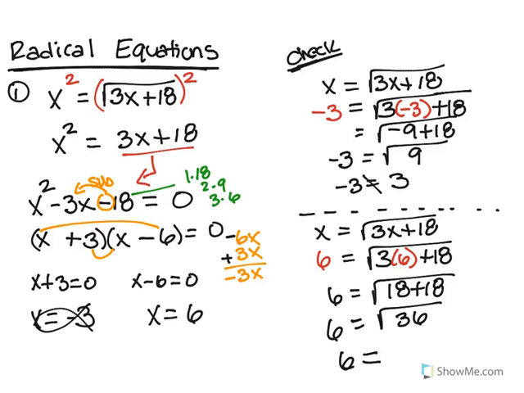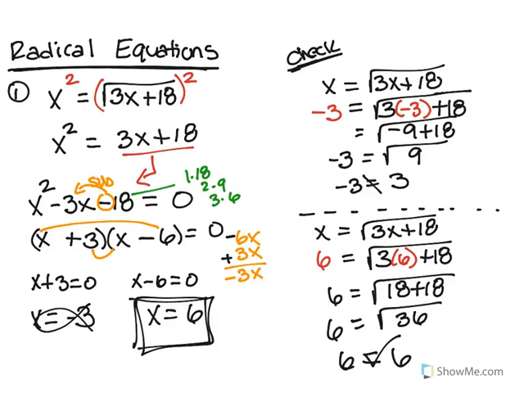So does this one check? Yes. So your only answer is 6. Do y'all see that? It's highly important that you check. Okay? Because you're going to come up with 2 answers. Sometimes both of them don't work. Okay? Y'all see what we're doing?